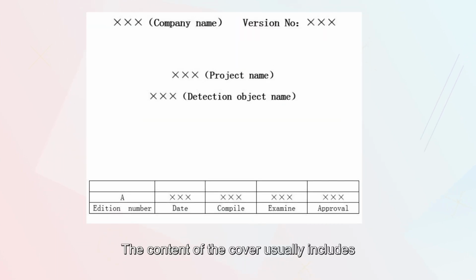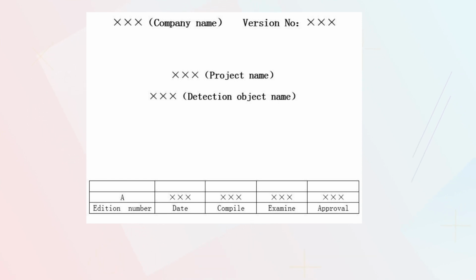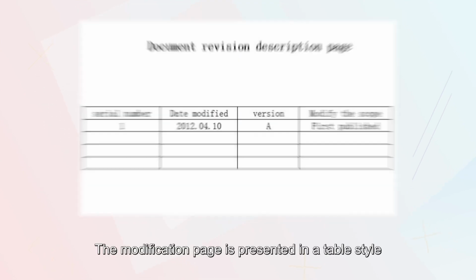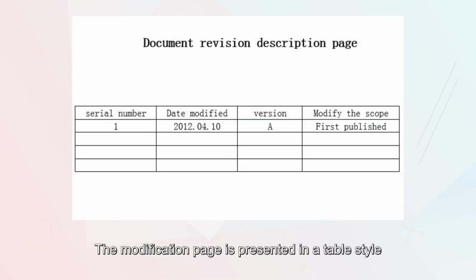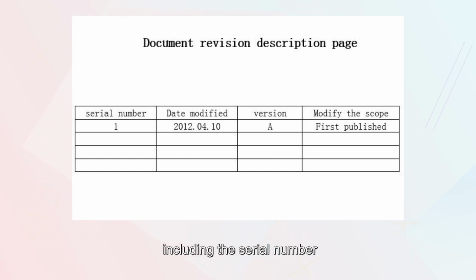The content of the cover usually includes the name of the unit, the version number of the regulations, the name of the project, the name of the test object, the version, etc. The modification page is presented in a table style, including the serial number, modification date, version, and modification range, etc.